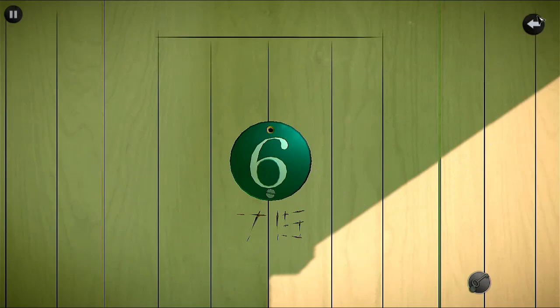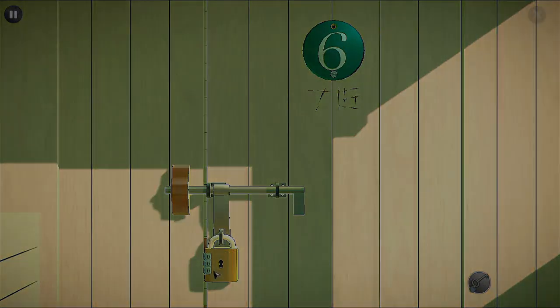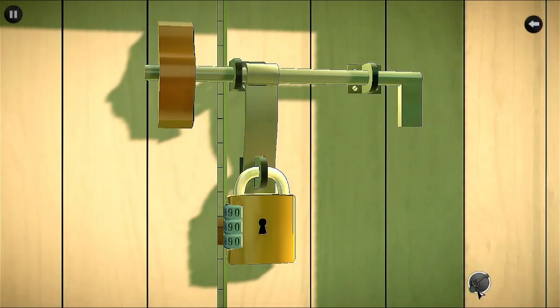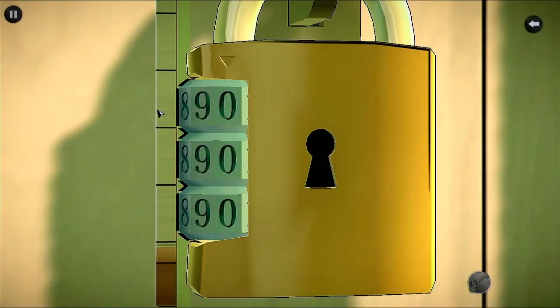Let's go back. Let's see if we can use this key on this padlock. Zoom in a bit more. Put the key in. A dual locking padlock. Okay. Let's see if we can roll this. Gonna try 7, I think.